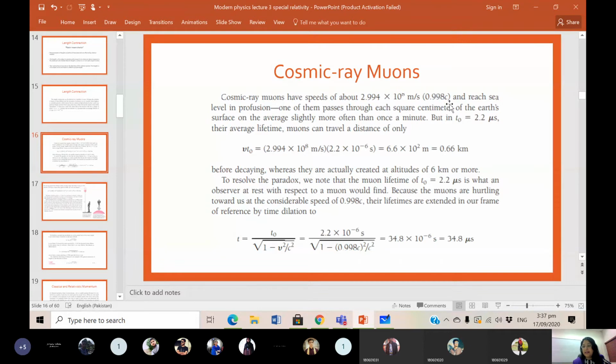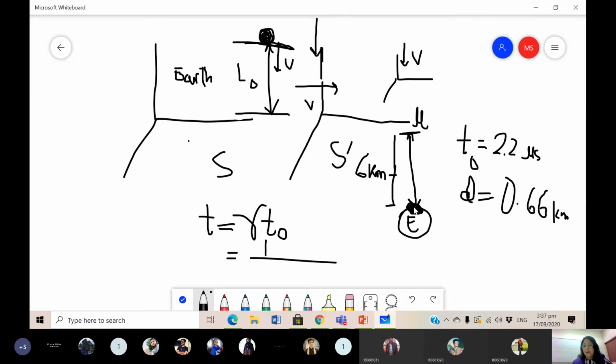And why am I using 0.998c? I'm using this because this is the velocity of the frame. The muon is moving at this velocity downwards. Is this making sense? 34.8 microseconds is the time that the observer on Earth will measure.